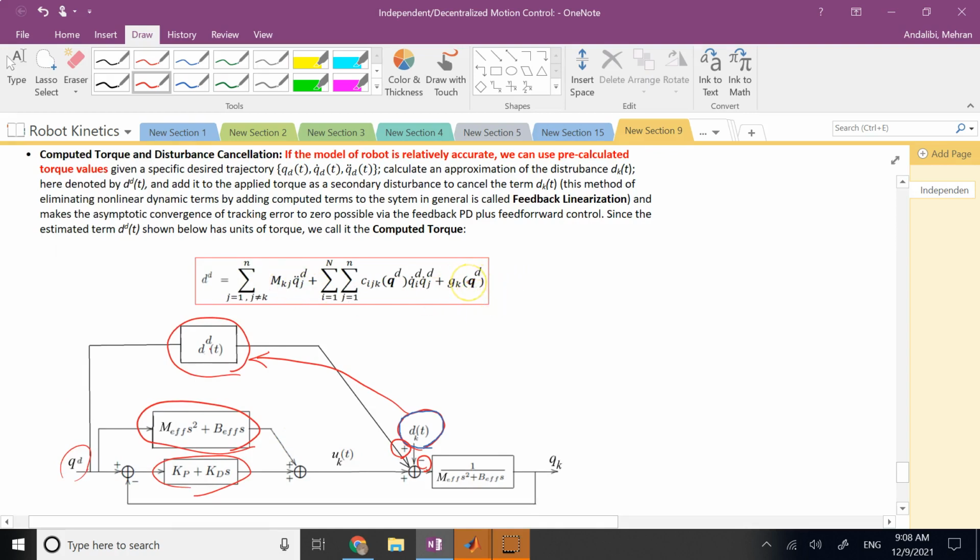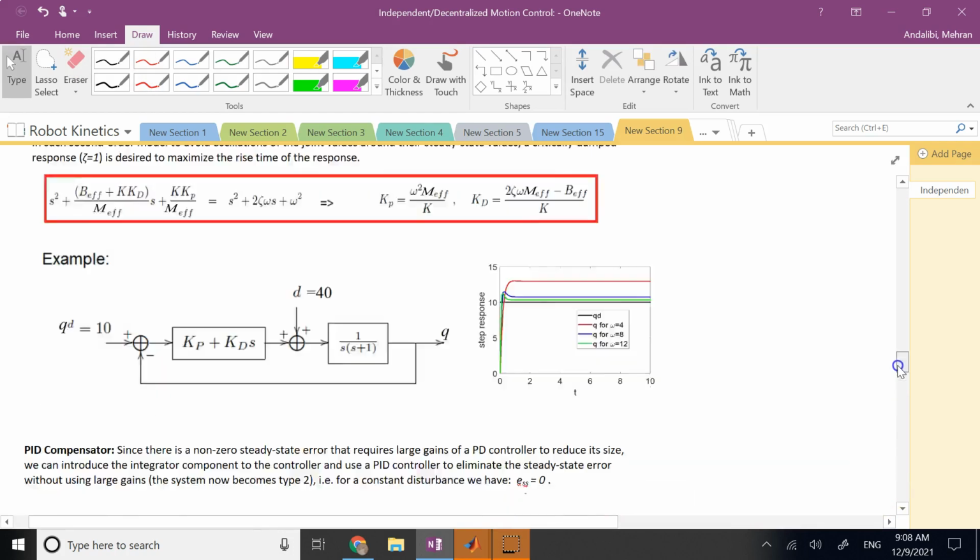What is that one thing? The one thing is, instead of calculating dd at q's, it is calculated at qd's. So the q's are replaced by the qd's. That's the only difference between dd and dk. Otherwise, they are exactly the same formula.